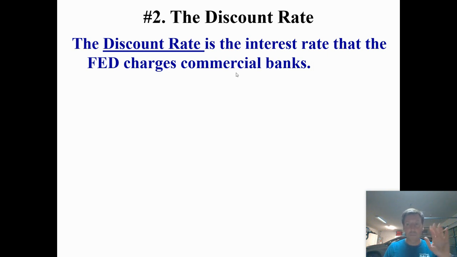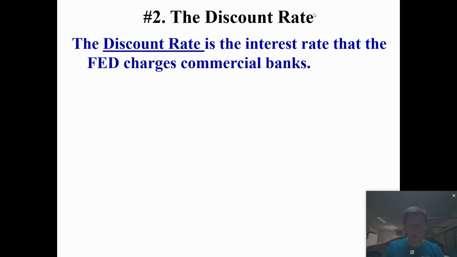So a big punishment is going to deter me. A 5% discount rate would curb my lending, whereas a low discount rate would encourage me to loan out more money.